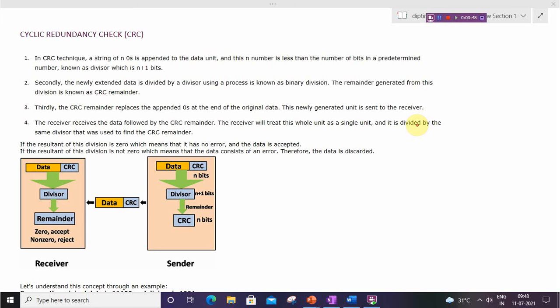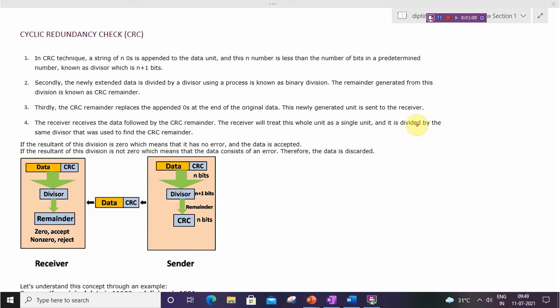As we know, there are different error detection techniques like single parity check, two-dimensional parity check, checksum, and CRC. And in this video, I will discuss cyclic redundancy check, that is CRC.